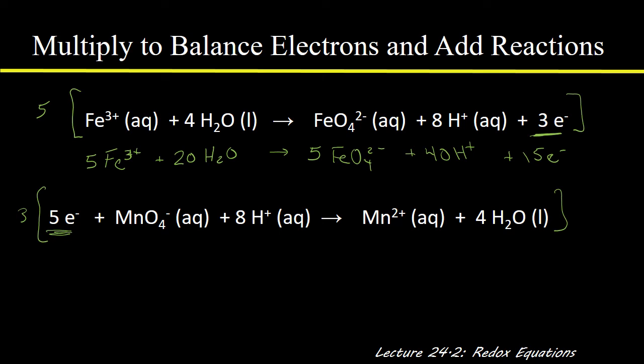And in our reduction reaction, we get 15 electrons plus 3 permanganates plus 24 hydrogen ions goes to 3 manganese plus 12 waters.